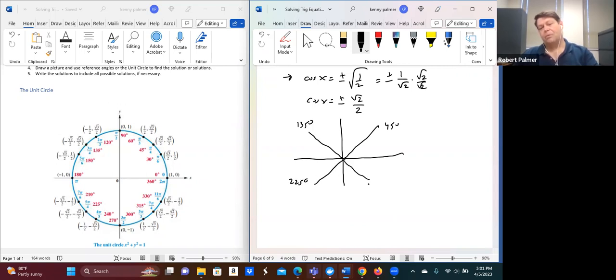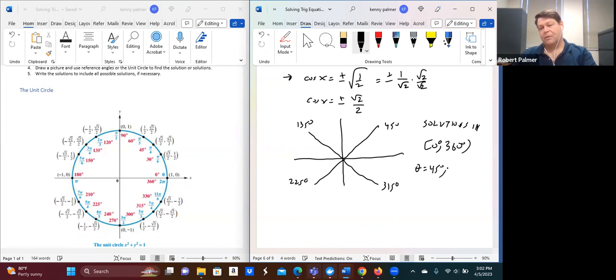And then finally, another one where it's positive at 315 degrees. Okay, so if we look for solutions in 0 degrees to 360 degrees, then we just have these 4.